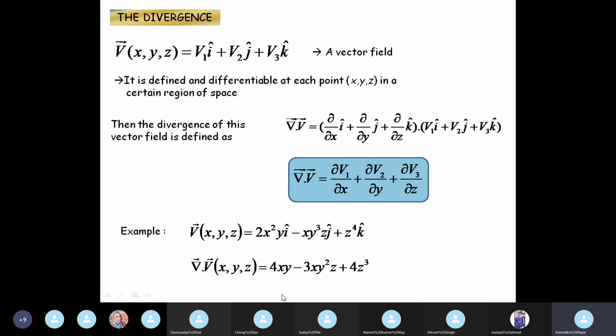The moment you write i cap, j cap, k cap here, answer 0, even if you have written the components right, because a vector as a result of a divergence doesn't make any sense. Okay, so this is a scalar. I'm just trying to emphasize this several times by repeating it so that you don't forget. But even after doing this every semester, I see that most of the students forget this.